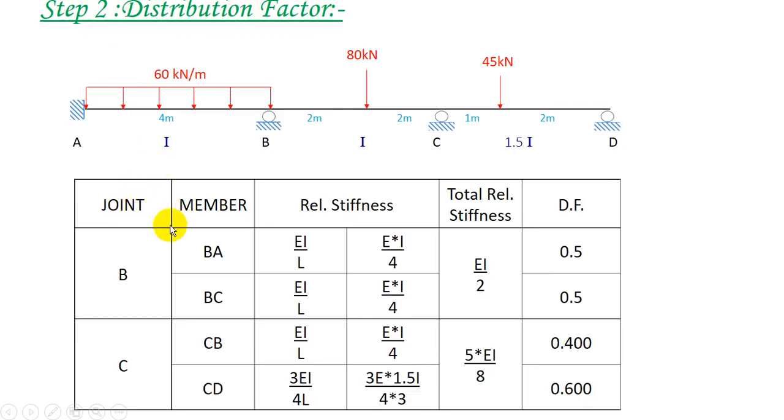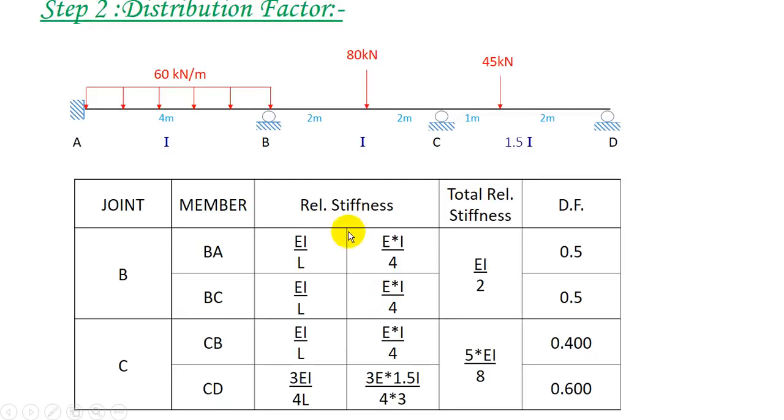We have to tabulate it, and the first column is of joints, and we write those joints which are intermediate supports. In our case A and D are end supports, whereas B and C are my intermediate supports, meaning that they join two or more members. So B is joining BA as well as BC, and C is joining CB and CD.